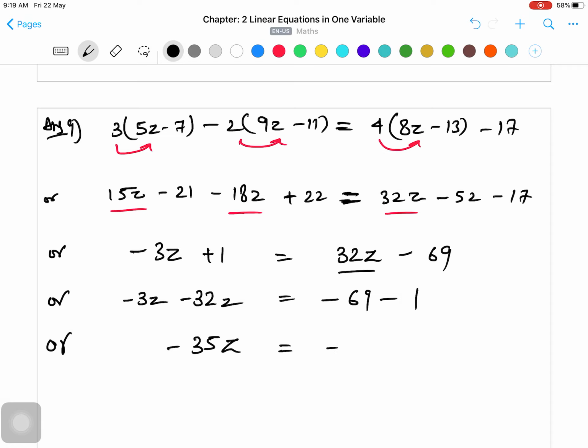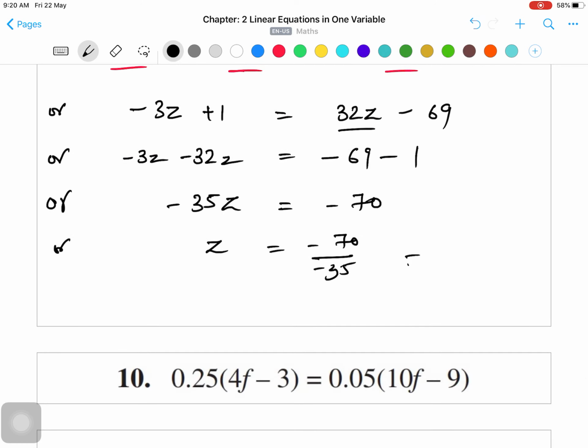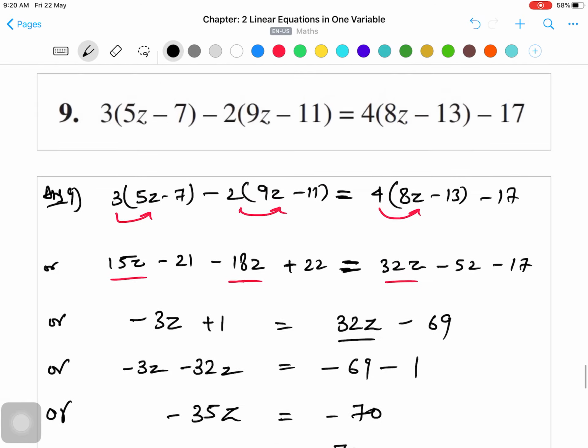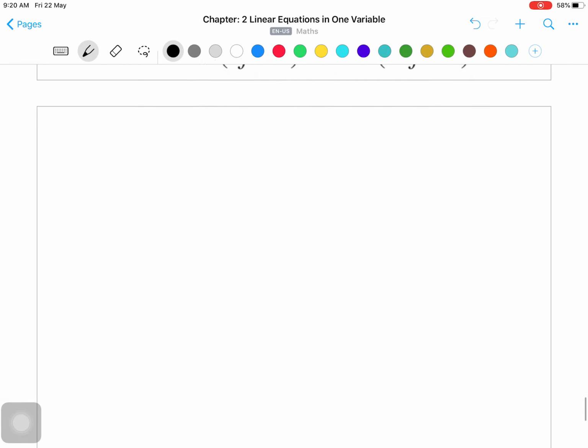On this side, minus 69 and minus 1 will be minus 70. So z will be equal to minus 70 by minus 35, and this will result in plus 2. The minus will be cancelled out, and 70 by 35 is 2. So z is equal to plus 2. That's the answer of this question.